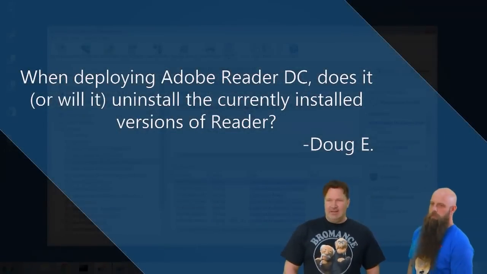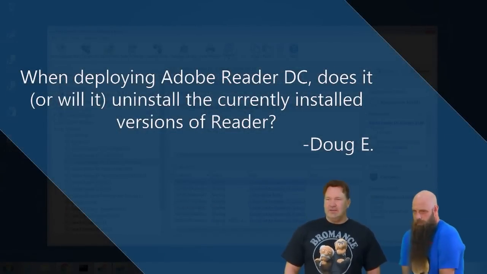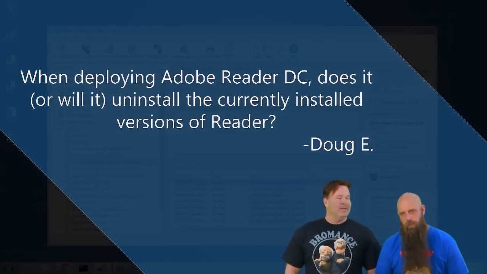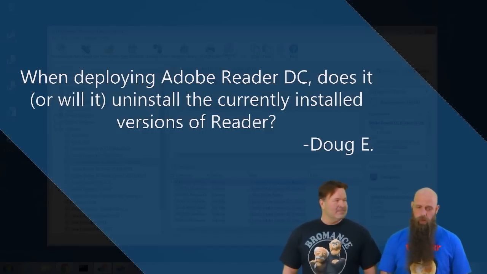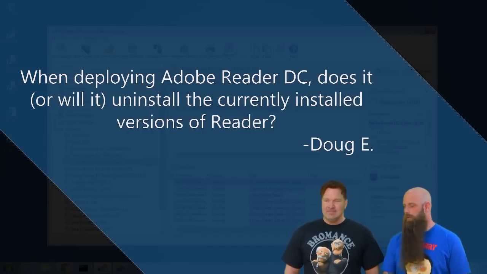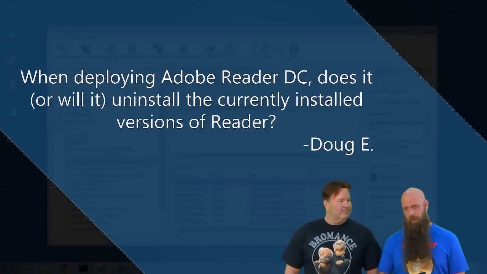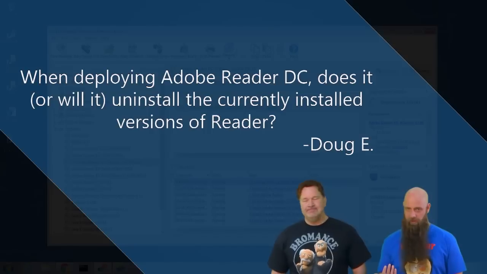Doug E. asks: when deploying Adobe Reader DC, does it or will it uninstall the currently installed versions of Reader? So, by default, yes, it will, unless, as I mentioned, you're trying to deploy the classic DC on top of a machine that has the continuous track of DC.